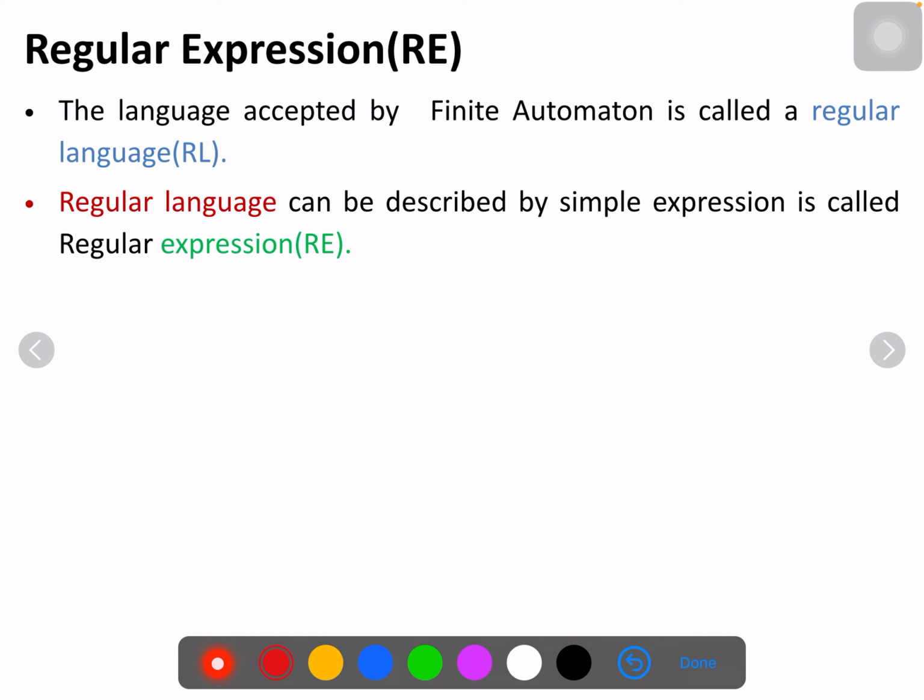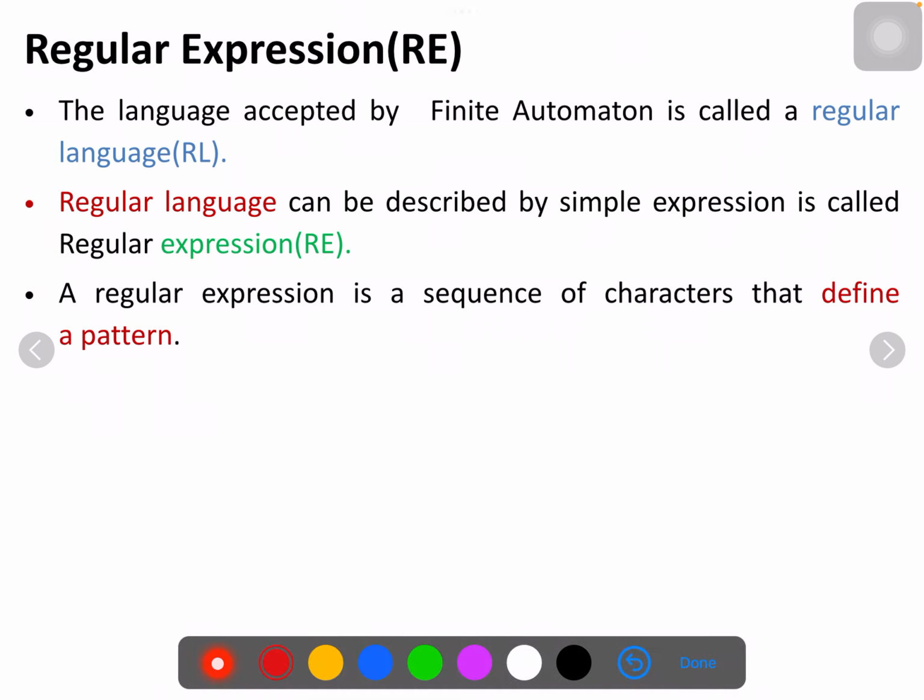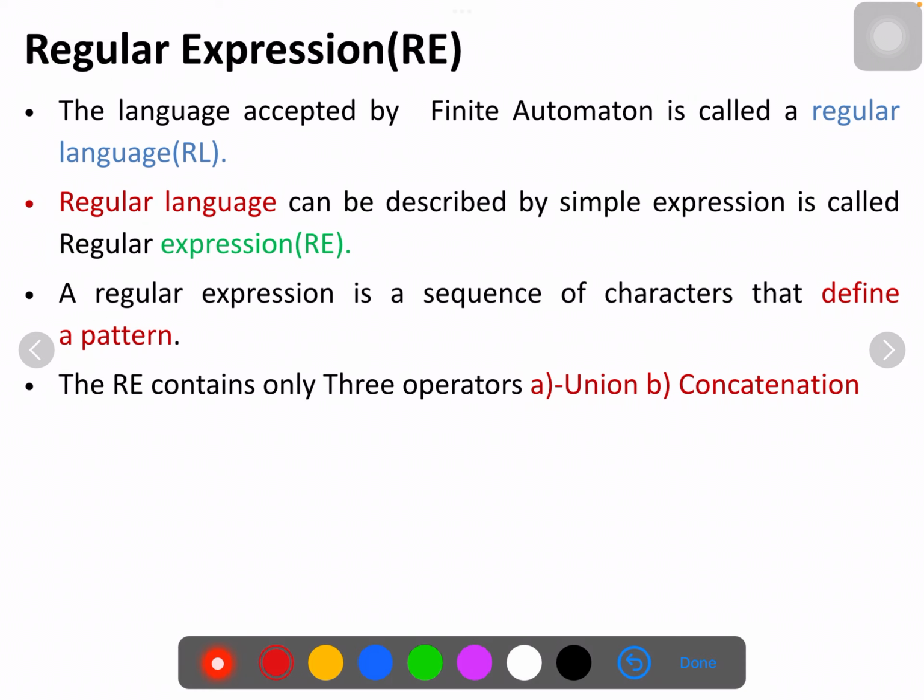So a regular language can be described by a simple expression called a regular expression. Any language described by a simple expression is called a regular expression. Now why is it needed here?